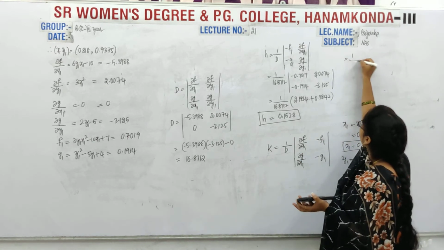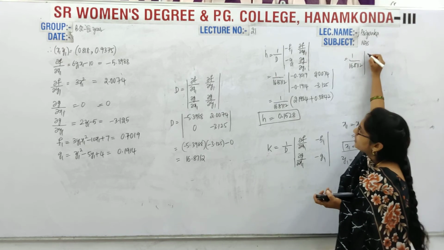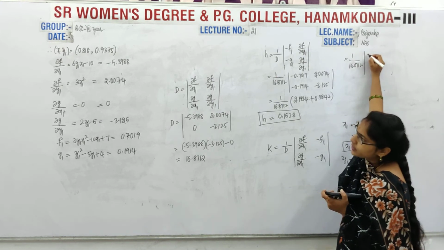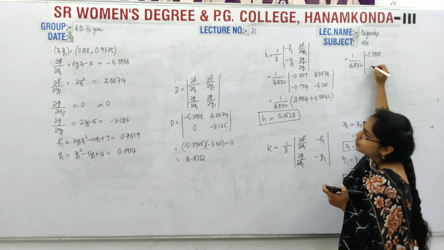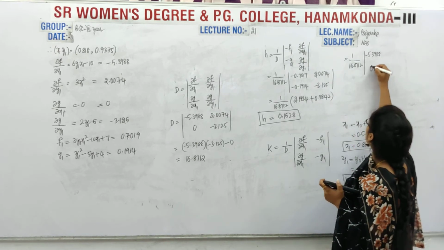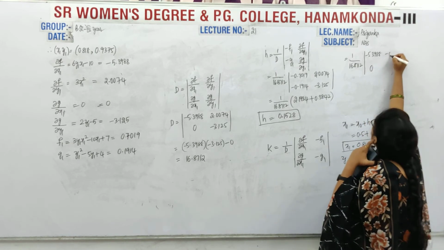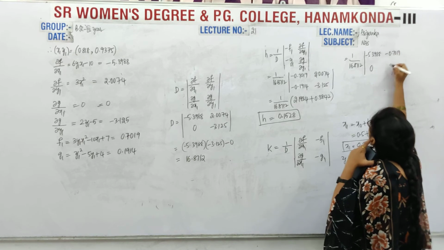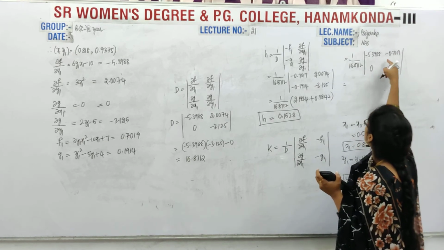Which is equal to 1 by 16.8712 of dou f by dou x1, 5.3988, dou g by dou x0, 0, next minus f1, 0.7019, minus 0.1914. Take the multiplication, of course it is 0.